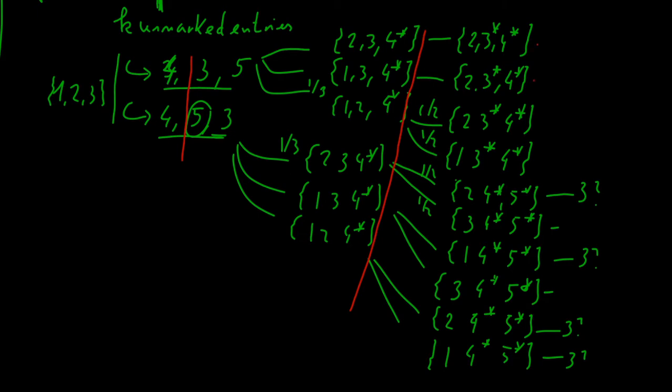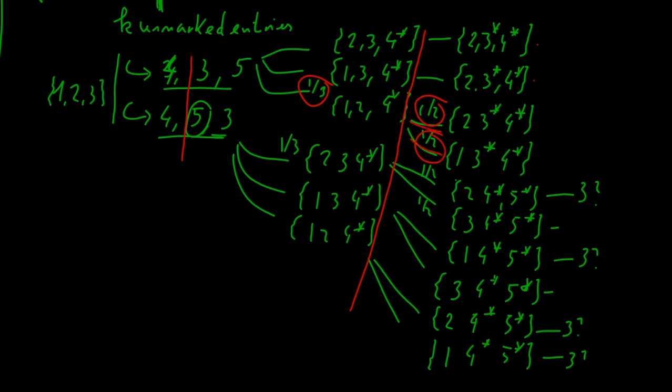Here for 3 we are paying with probability 1/2 and 1/2, so it's 1/3. So this guy here is a paying transition.